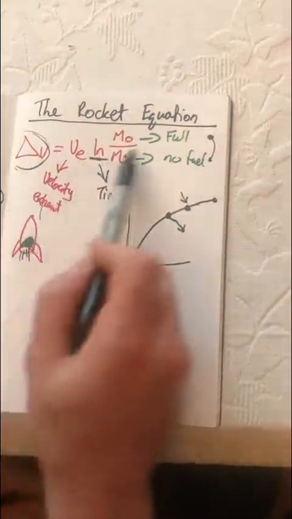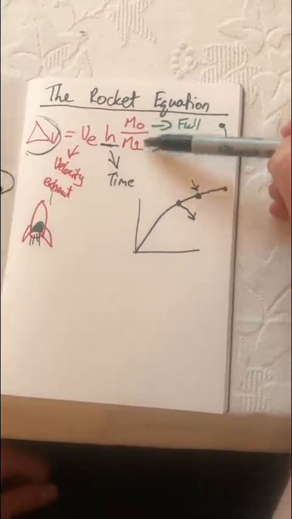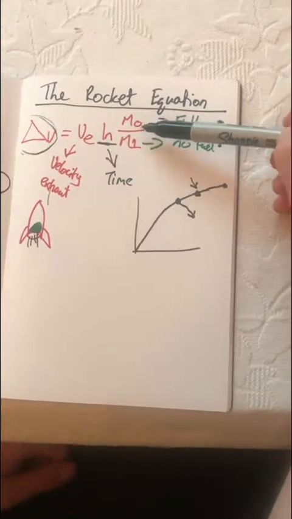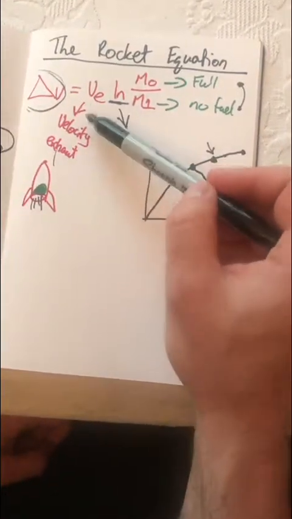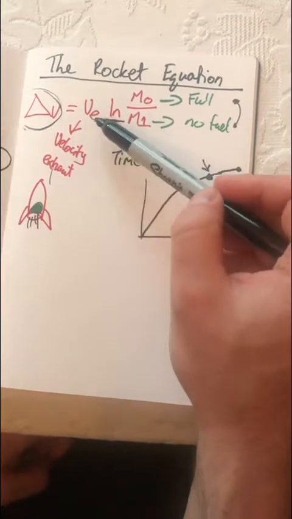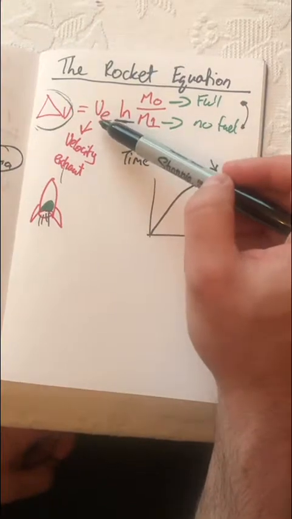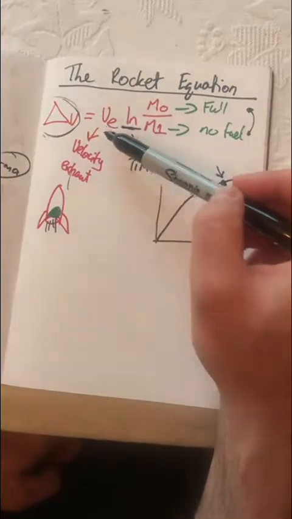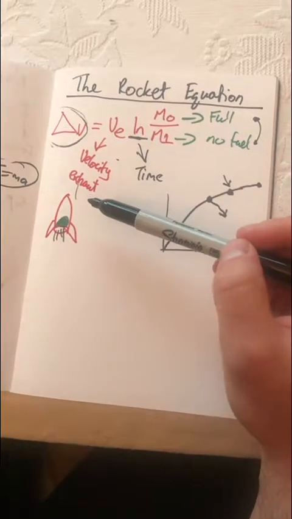So you use this to decide a number of things. You use it to decide how much fuel you have. You use it to decide how big the opening for your exhaust has to be. If you're not generating enough force, then you might need a bigger opening, or you might need a more powerful way of pushing out the fuel.